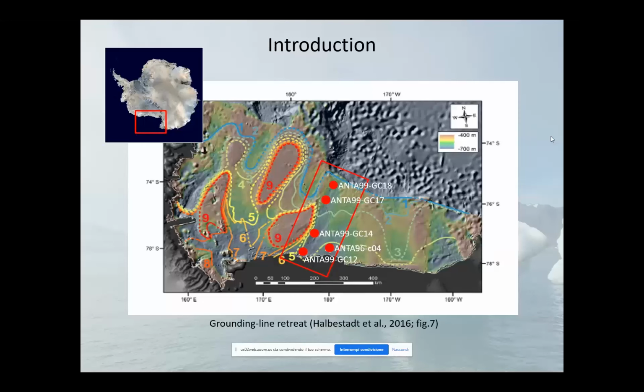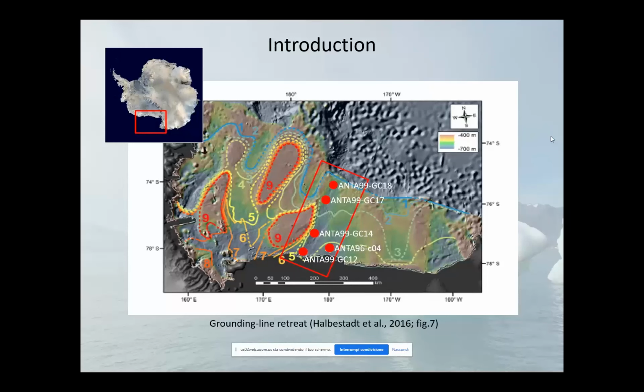The Western is characterized by deep and narrow basins surrounded by high relief banks, while the Eastern Ross Sea is characterized by wide and shallow basins and unconsolidated Pleistocene sediments.